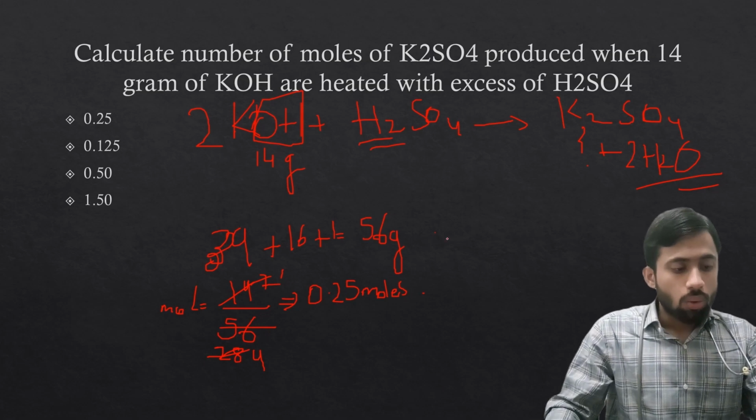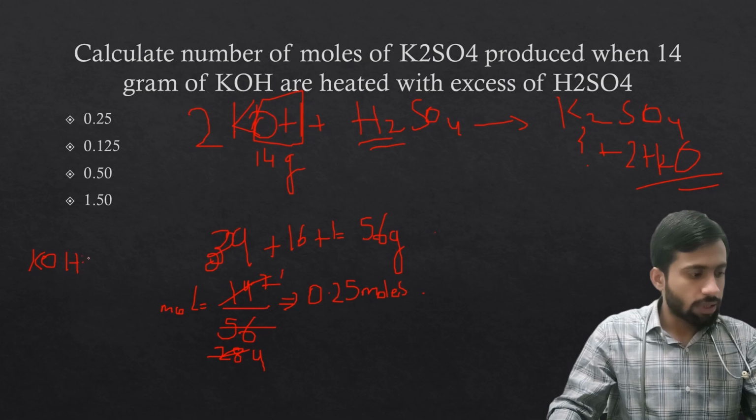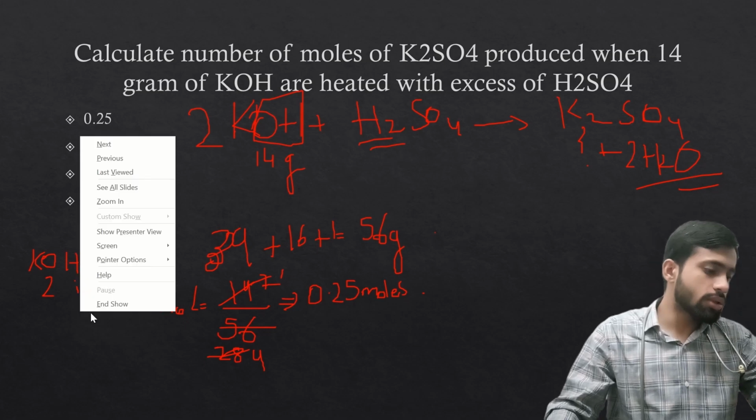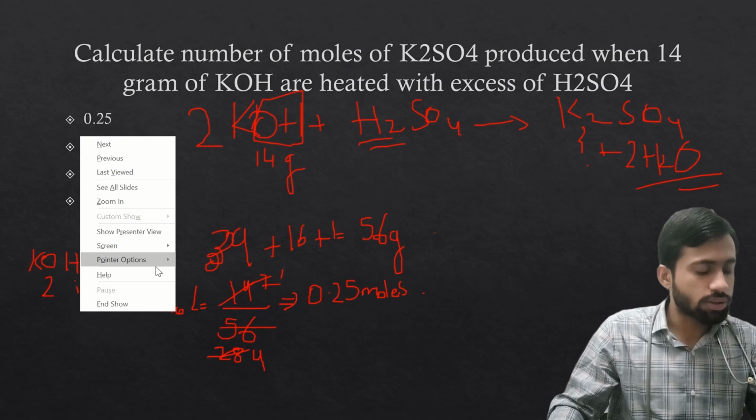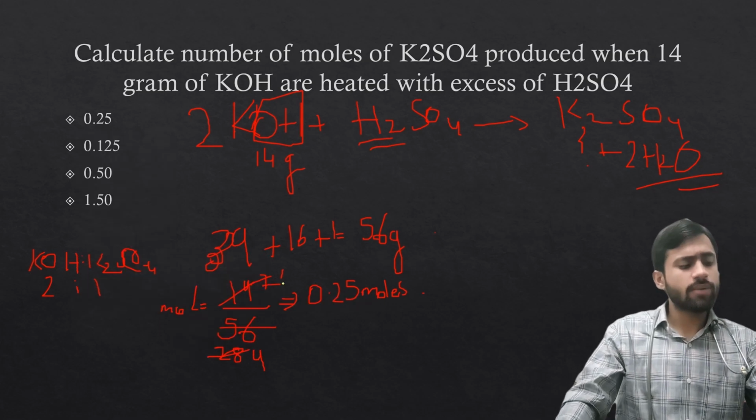Now let's write it down over here. KOH to K2SO4 ratio. 2 moles of KOH, that is potassium hydroxide, were forming 1 mole of K2SO4, potassium sulfate.